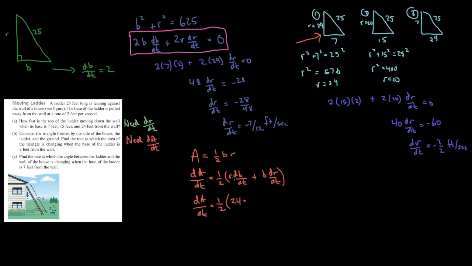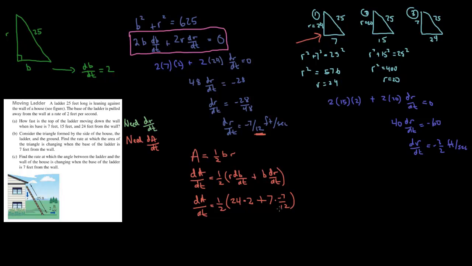The derivative of b with respect to t, that's the same thing as it has been. It's 2. For this entire problem, dB dt is 2. So times 2 plus what's b in this case? Well, it says 7 feet away from the wall, so the base is 7. And what's dr dt in this case? Well, that's what we just found right here. Dr dt, when the base is 7 feet away from the wall, is -7 over 12.